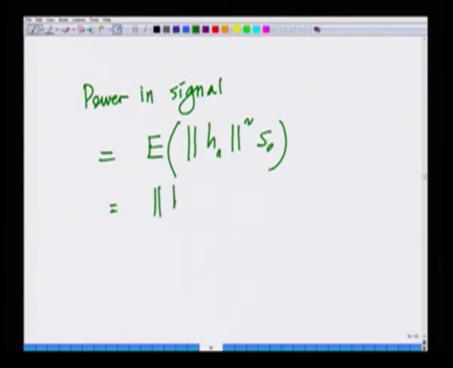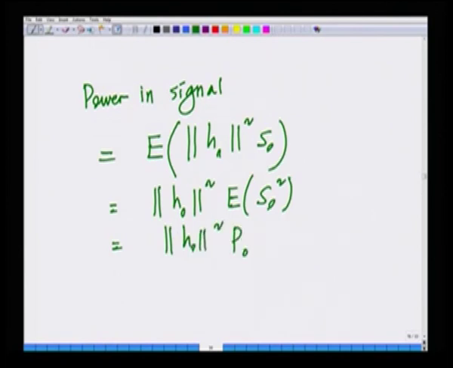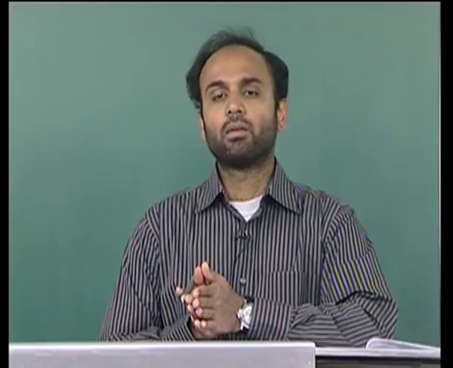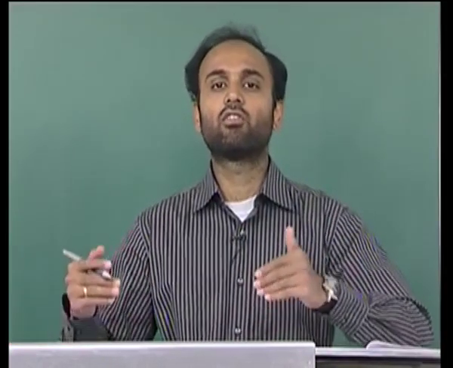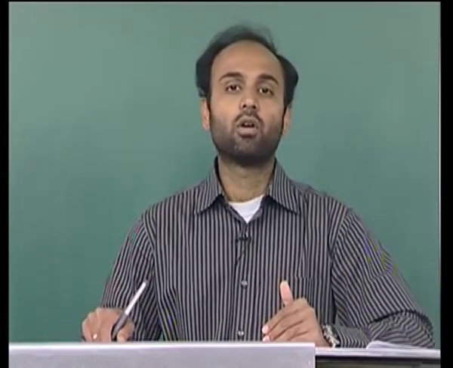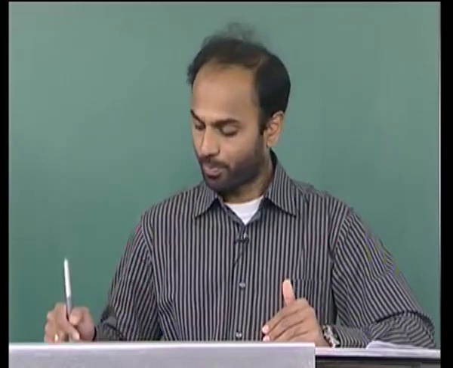This is norm h 0 square times expected s 0 square, that is norm h 0 square times p of 0, the power times the power in the channel. This is what we have seen many times before, in the case of the maximal ratio combiner, in the case of the rake receiver and so on. This is nothing but you coherently combining. So, you are extracting the power multiplied by the total power in the channel, that is the meaning of coherent combining. So, it is the power in user 0 times the magnitude of the channel square.